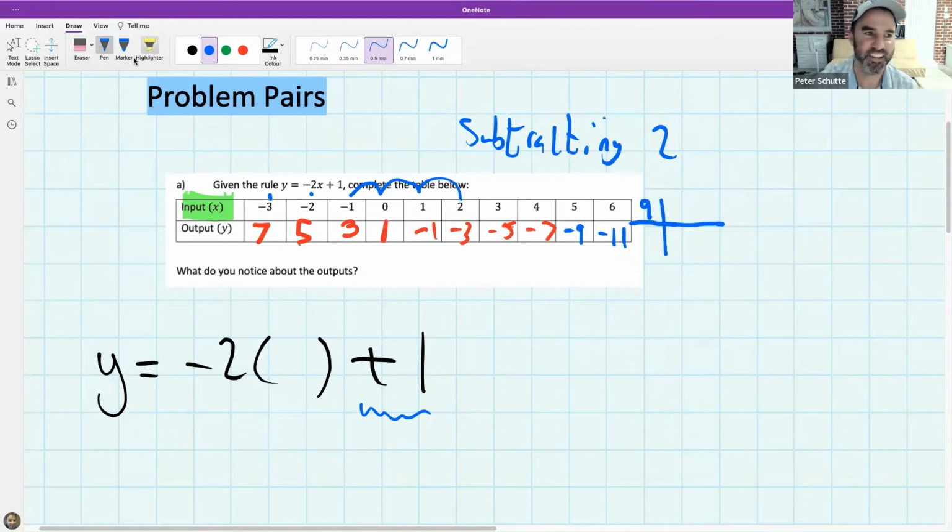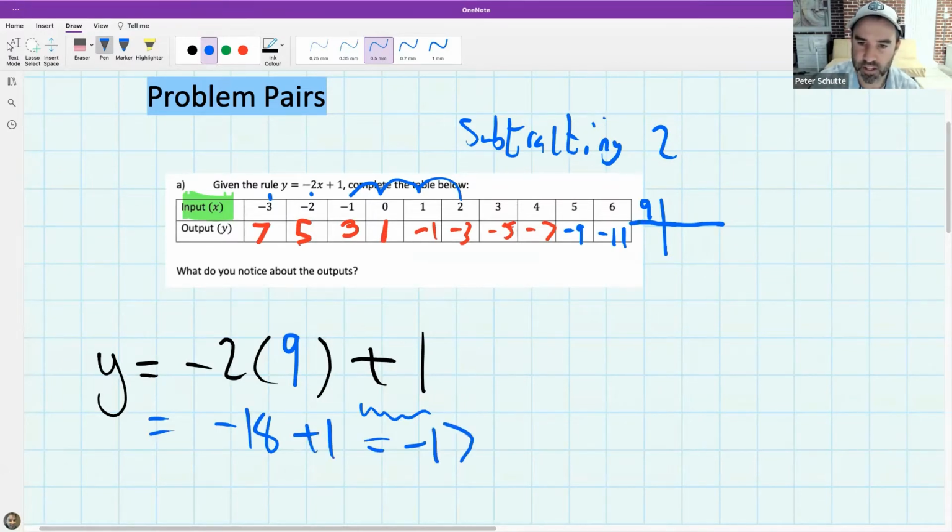I used the formula. Well done. Yes, you used the rule, because why I was sneaky is I wasn't going up in ones anymore. I went up by 3, and I wanted to see if you said negative 13, because negative 13 wouldn't have been correct. What you needed to do was put the 9 in the formula, and you get negative 18 plus 1, which is negative 17.